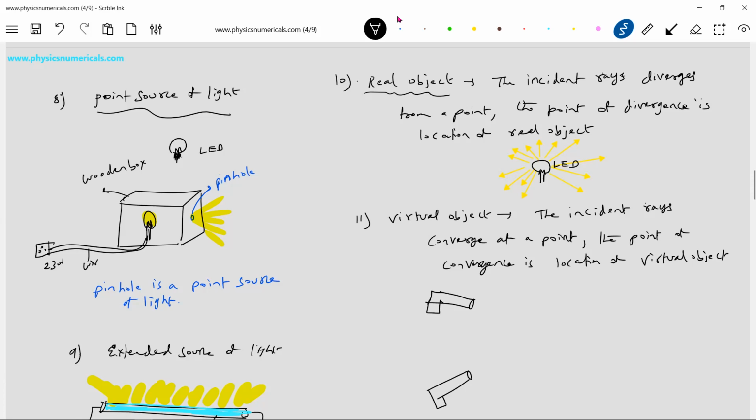So what shall I do is I'll take two laser guns. I'll trigger the guns. These two guns are going to produce identical monochromatic beams. Now this particular location where the two lights converge, the point of convergence, will become a virtual object.